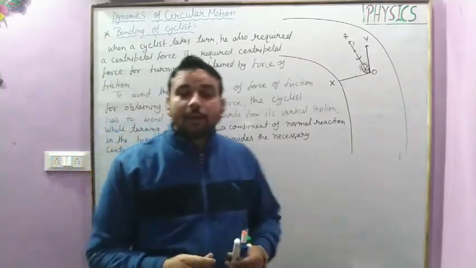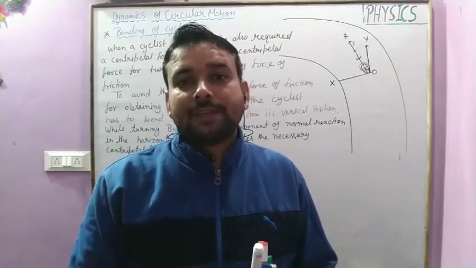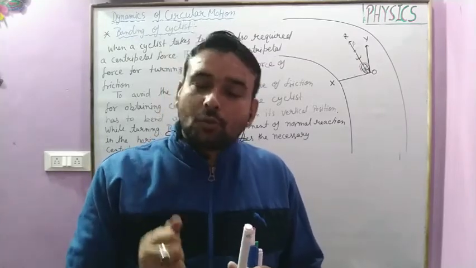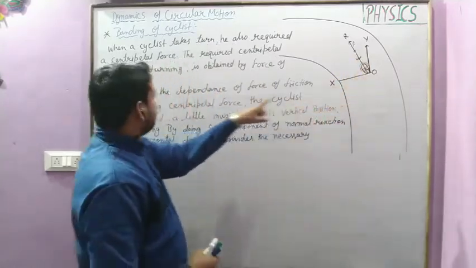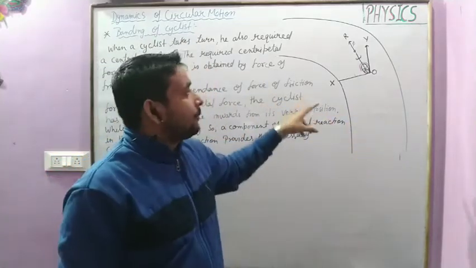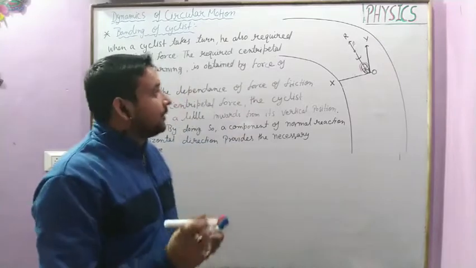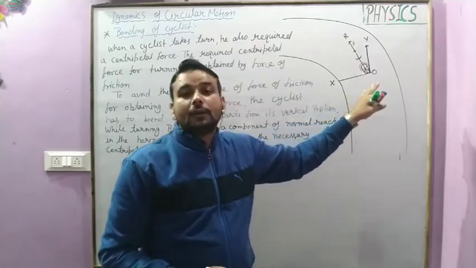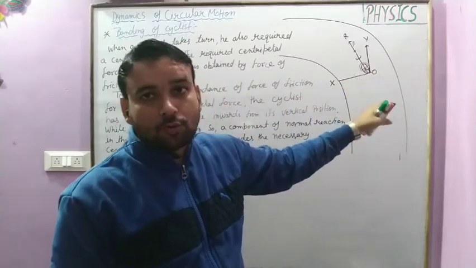But in the case of a cyclist, the force of friction between the tires and the road is too small, because the coefficient of friction between the tire of the cycle and the road is too small.